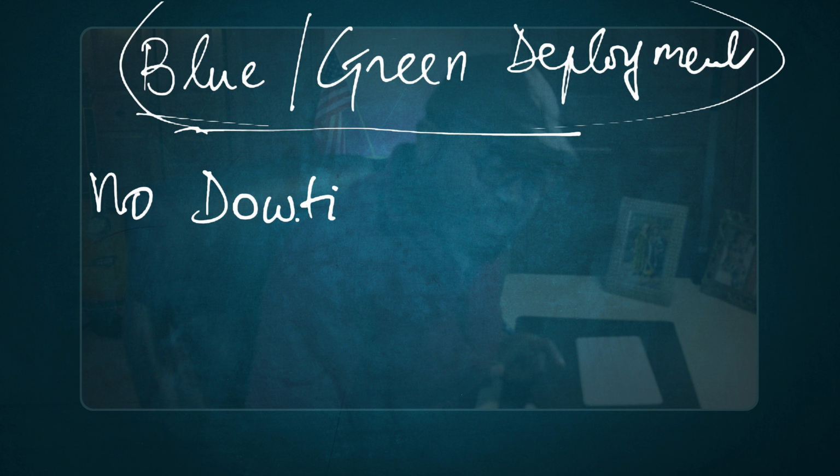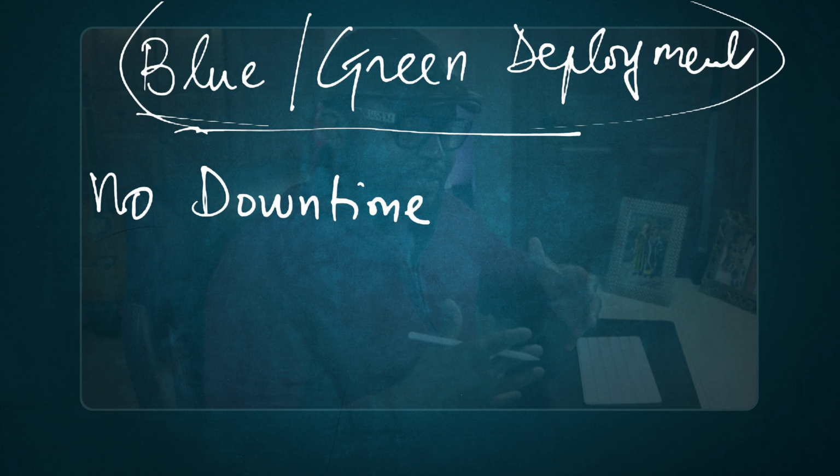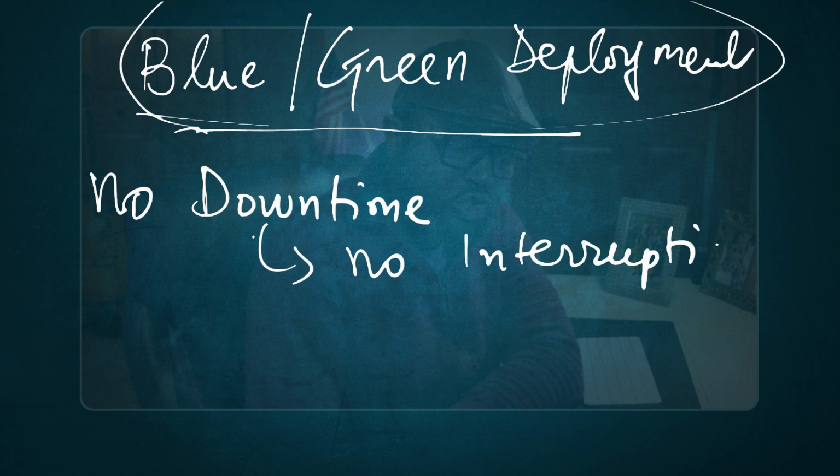No downtime means that even when there is any issue on your infrastructure, or your application is having some issues, there will always be a way that your service will never be interrupted. So no interruptions. So how do you do that?